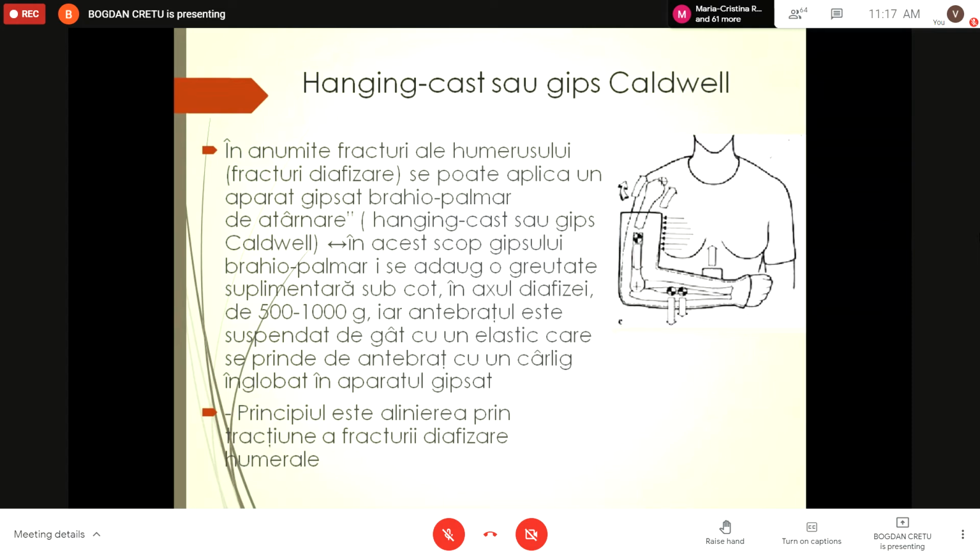The principle is to obtain a good functional result, to restore the length of the humerus, the rotation, and some decalation if there is.